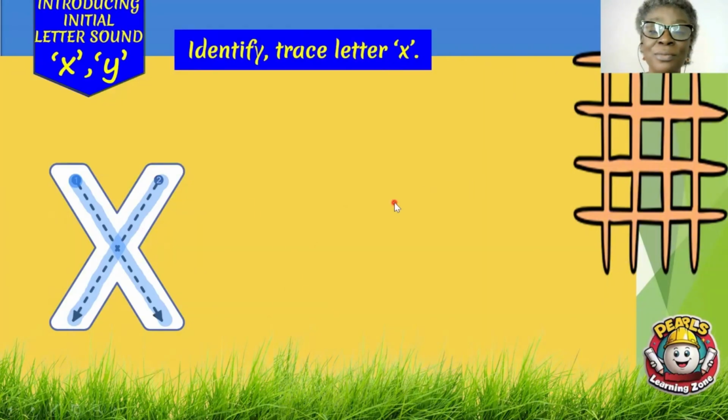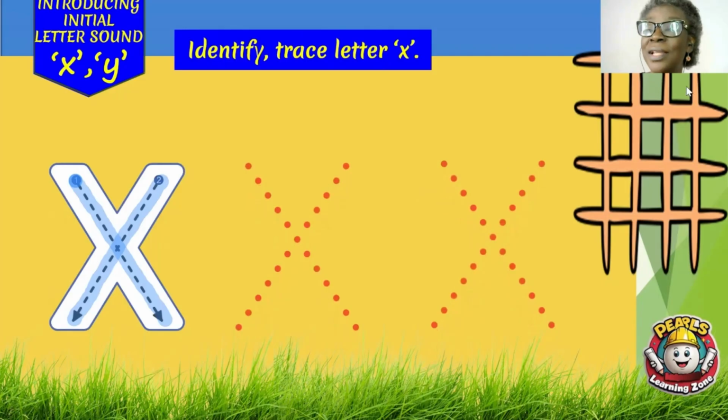So let's release the remaining one and then you trace it. All right. So you take your pencil again. It will tell you which direction to go. So we started from this far end here and we joined the dotted lines. So join it right down. Stop, come up to the right-hand side, pick it from there and join it right down and cross right to the other side from top to bottom. Okay?